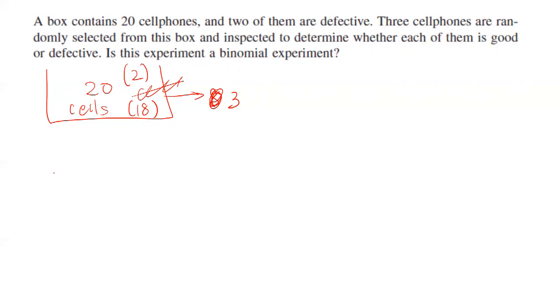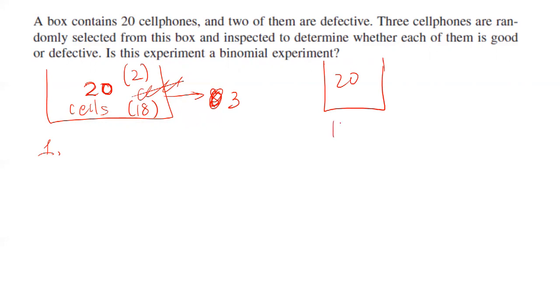Okay, let's check the conditions one by one. 1. Are these trials identical? Actually, they are not, right? Because you only have 20 phones there. When you choose the first phone, there are 20 in this box.